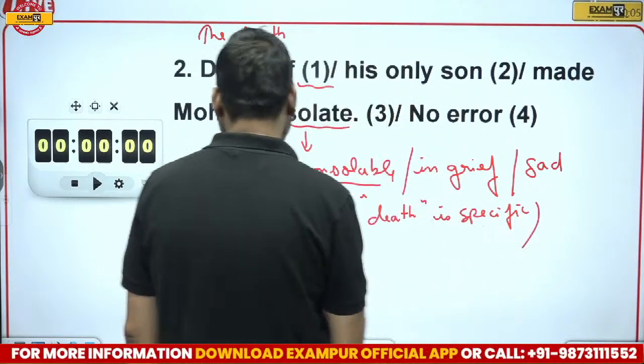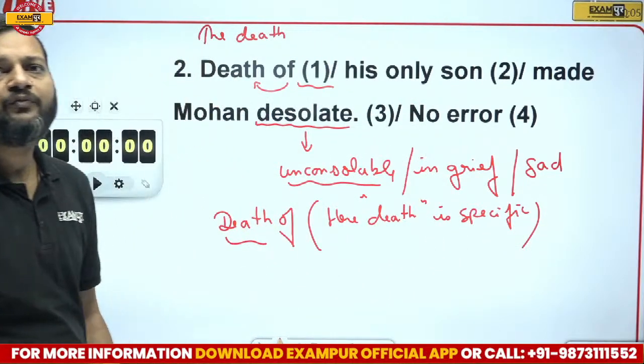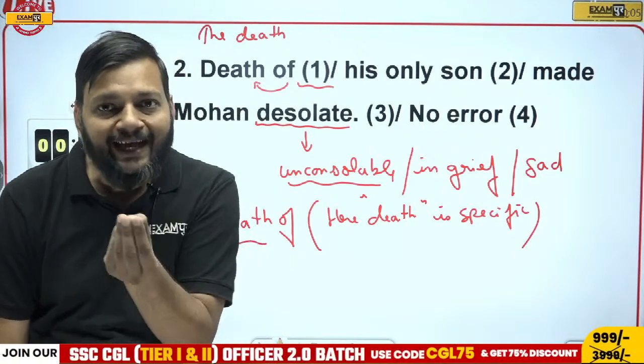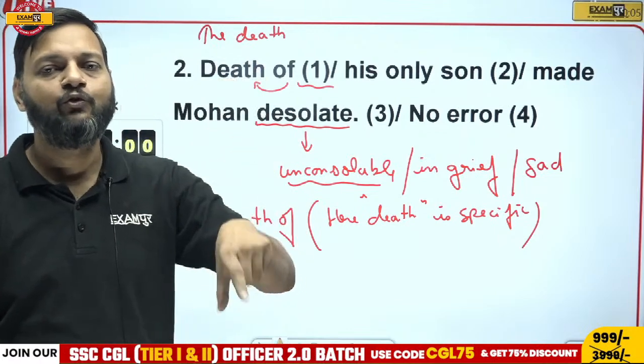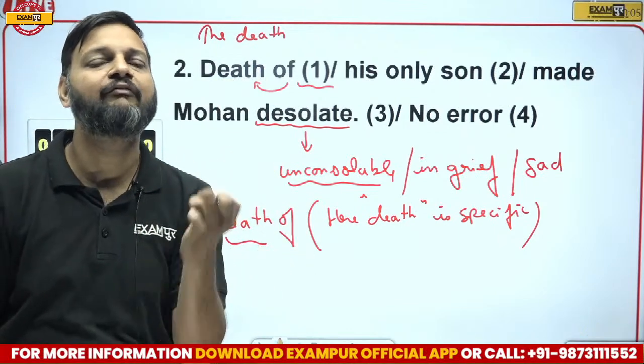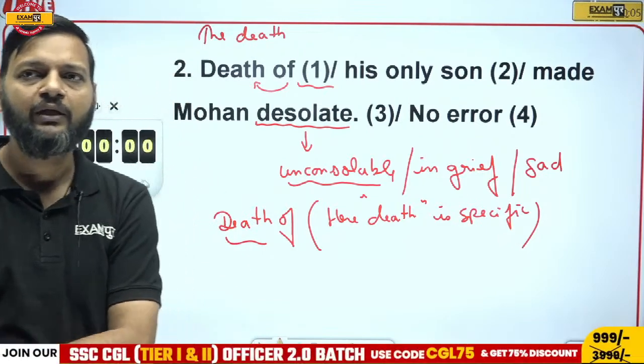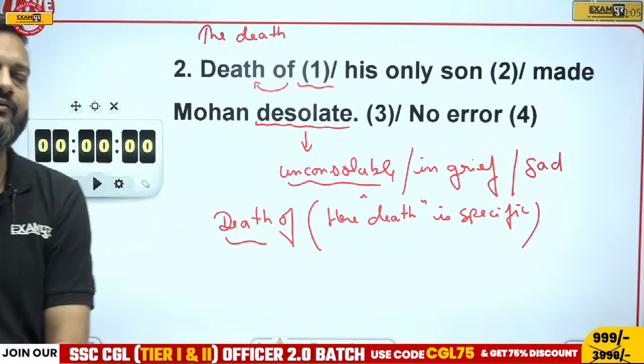We are talking about the death of a particular person. So whenever a noun is specific, we need to prefix the definite article the before it. So the death of is the right answer.